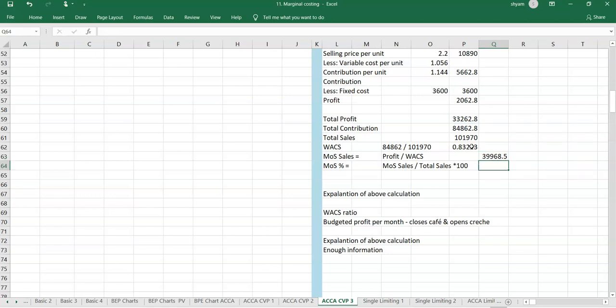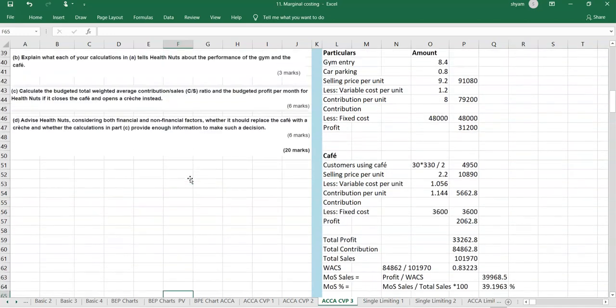And as a percentage, it will be MOS sales divided by total sales into 100. So this number should come below 100%. And this is 39%. Okay, so 39% of the sales is the profitable sales. So that's about MOS ratio.